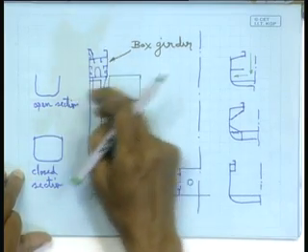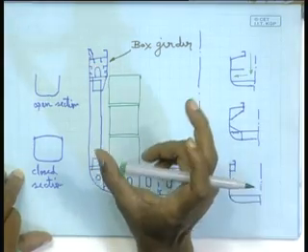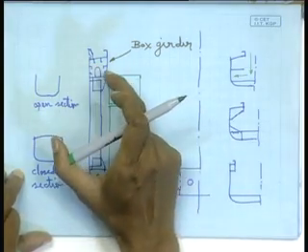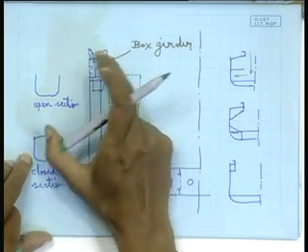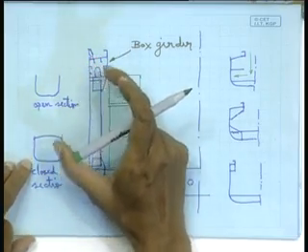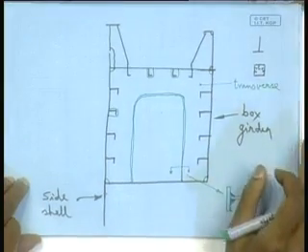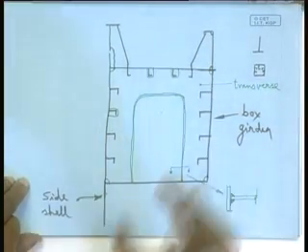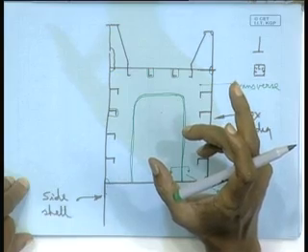So, this provides you sufficient strength towards torsion as well as longitudinal bending, but much less stiffening would have been required if we had calculated only on the basis of longitudinal bending strength.